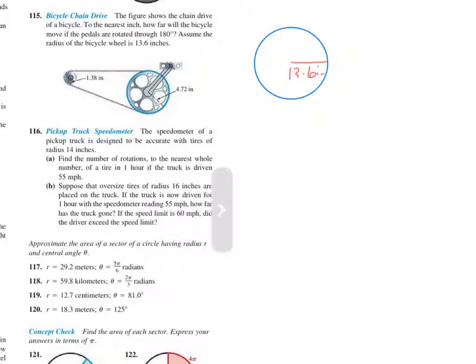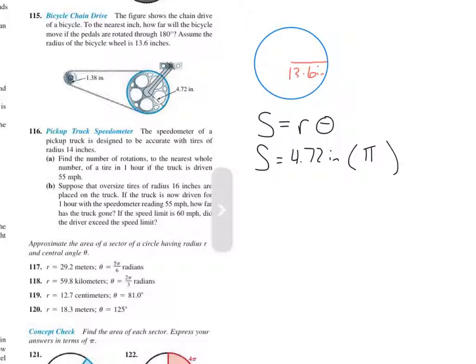So let's set up the arc of the bigger gear. The formula is S equals R theta, and we are searching for S. We know R is 4.72 inches, and the angle is, like the last problem, 180 degrees. This one's easier to convert because you just know it: a 180 degree turn is pi radians.